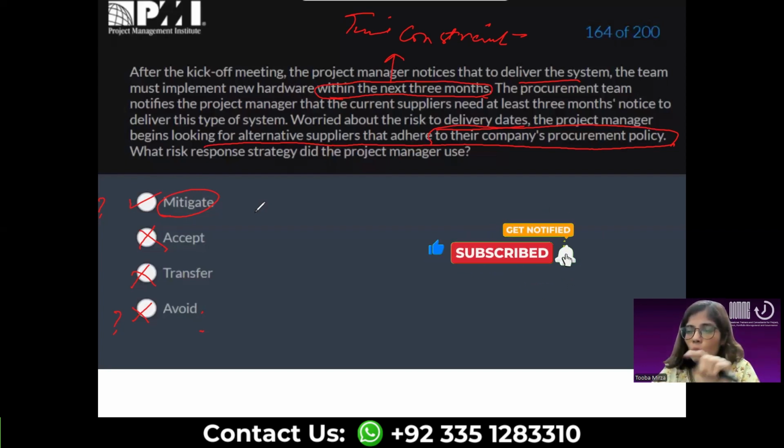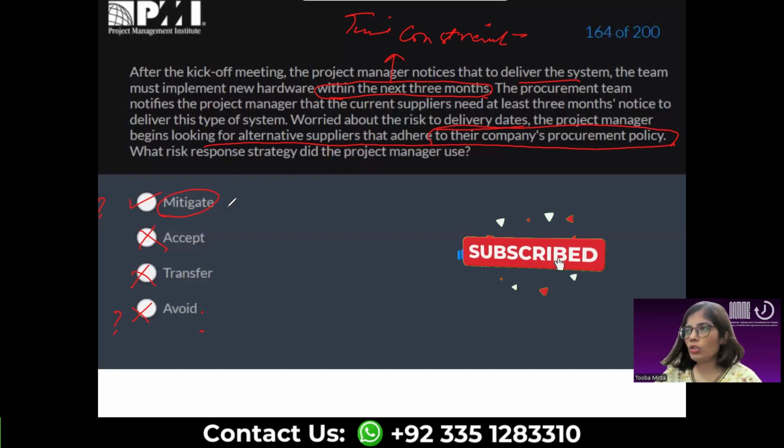To cater to both situations in one go, you would want to mitigate, because you can't guarantee that this is going to happen. You are very much constrained here. And there is no mention of you changing the plan, the budgets, or the situations.